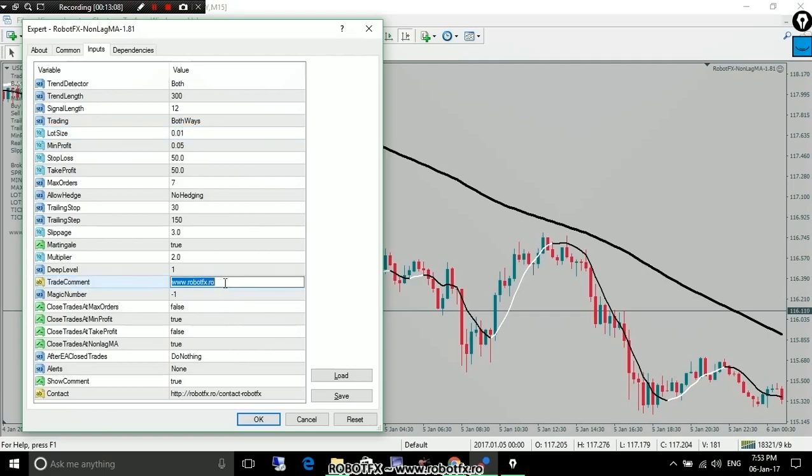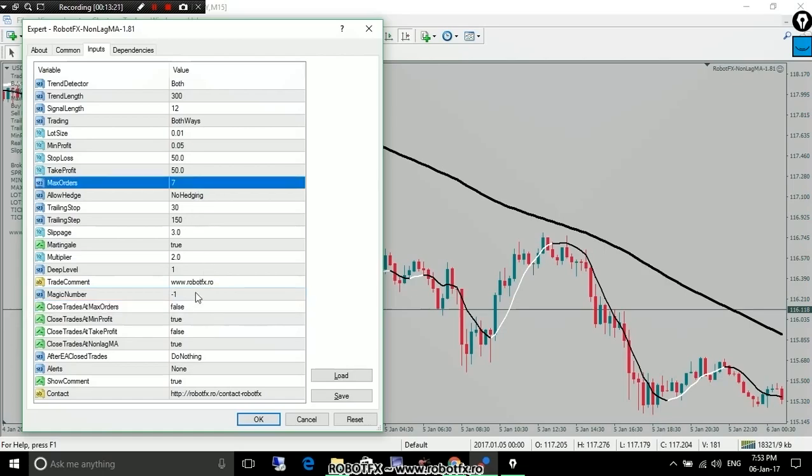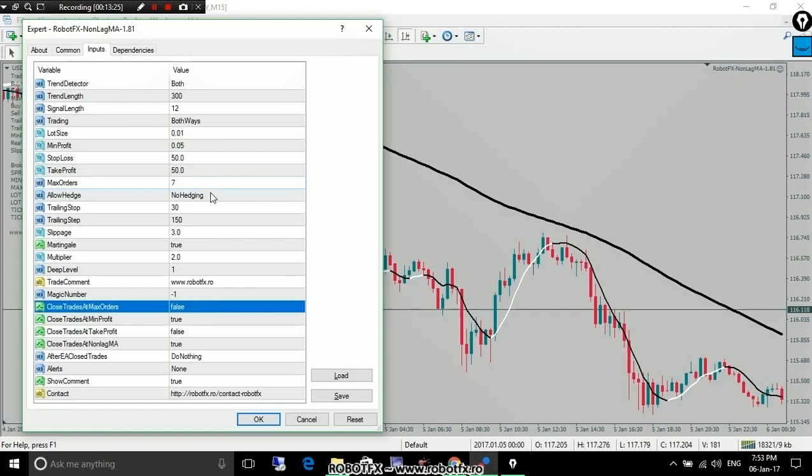The trade comment, you should leave it RobotFX.ro just to help you better monitor the trades. You have the option to close trades at maximum orders. We don't talk about this, this is for hedging, not for no hedging. You have the option to close trades at minimum profit.